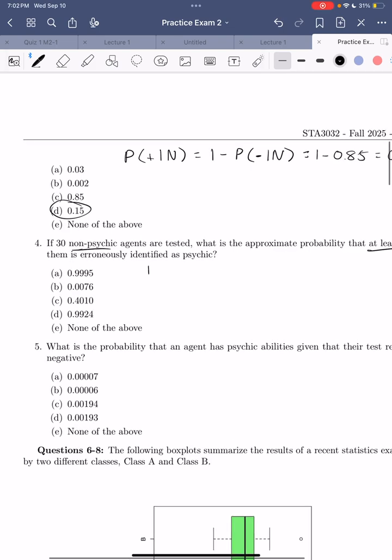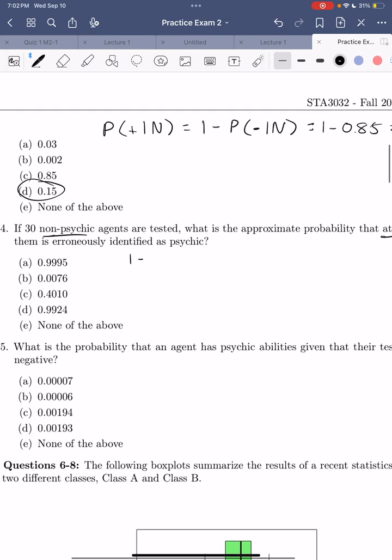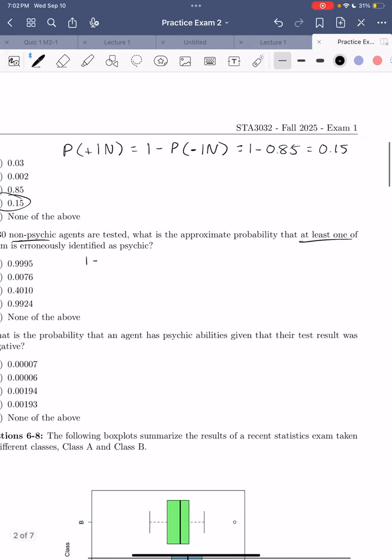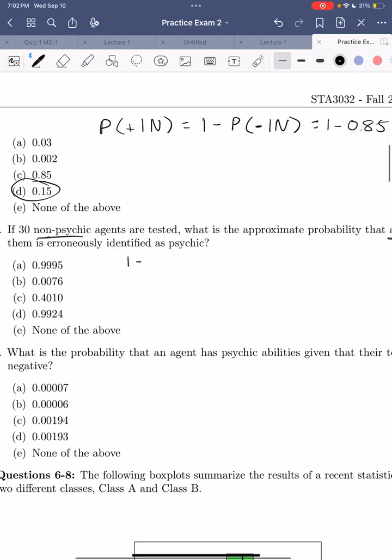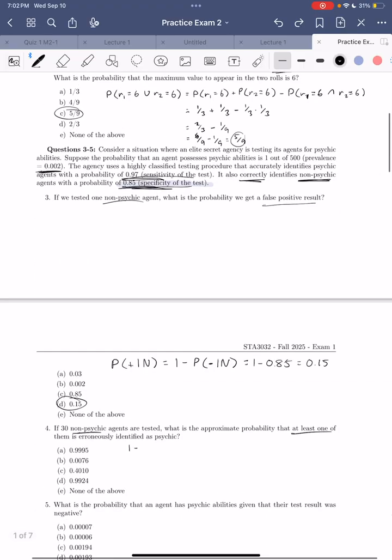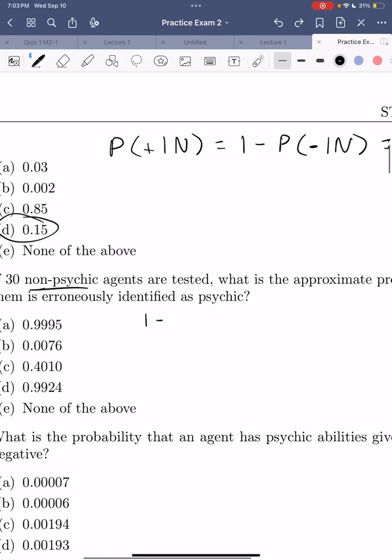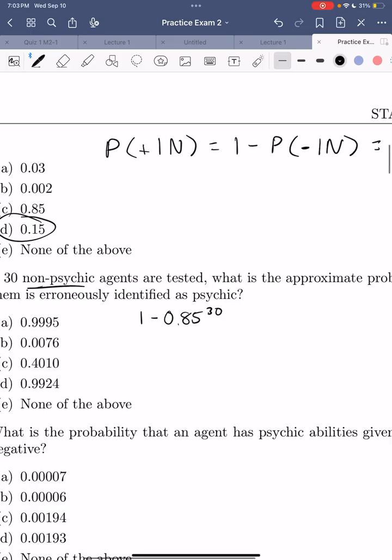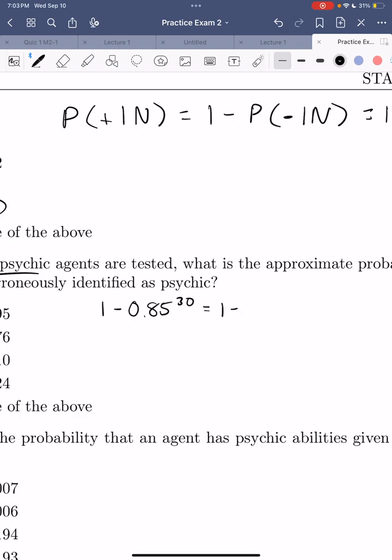So we have 1 minus the probability of all of them testing negative. We have our probability of non-psychics being identified correctly, which is 0.85, to the power of 30 since there are 30 agents.